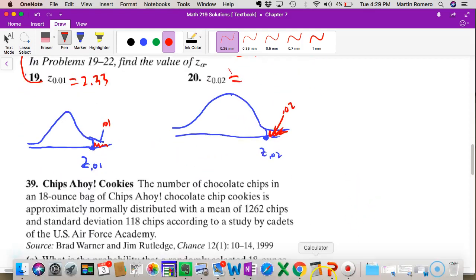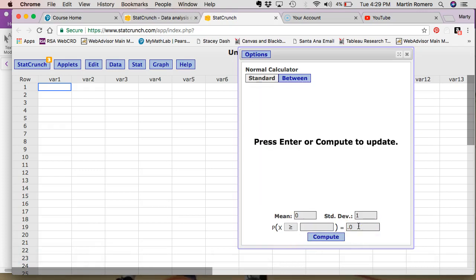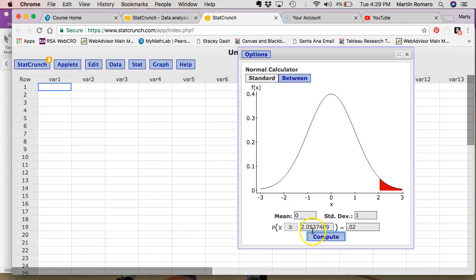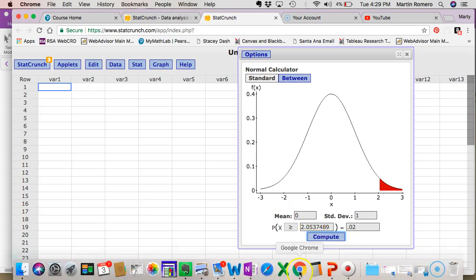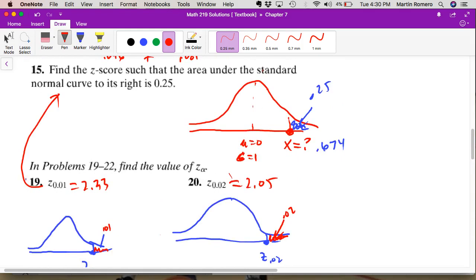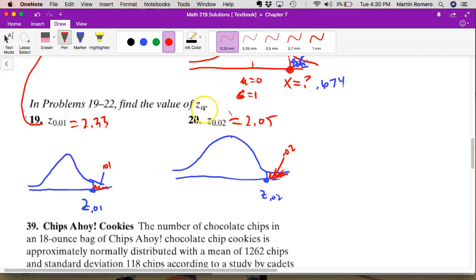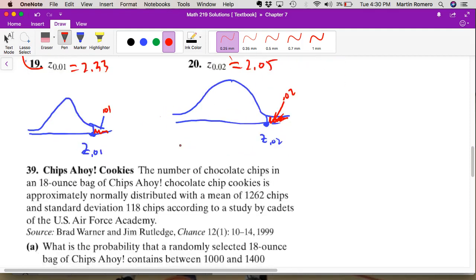The only difference is you put 0.02 here, compute, and you get 2.05. So problems 15, 19, and 20 are exactly the same calculations. One just wrote it as a sentence, the other wrote it in z sub alpha notation.